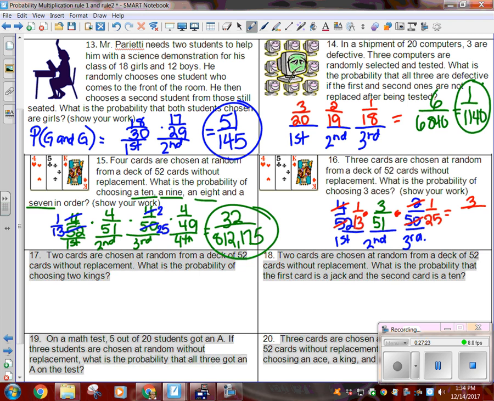I got 1 out of something. Huh? That does reduce. Is it 1/17? I got 1 out of, is it 5,000 something? 5,525.